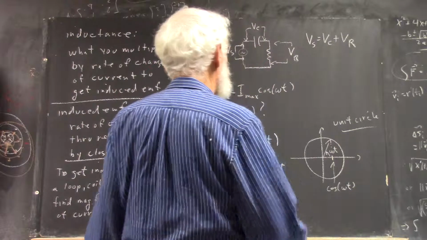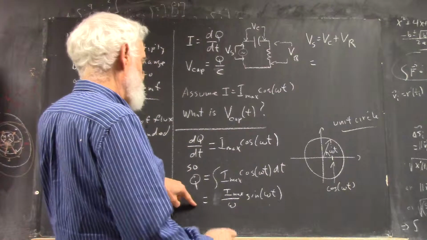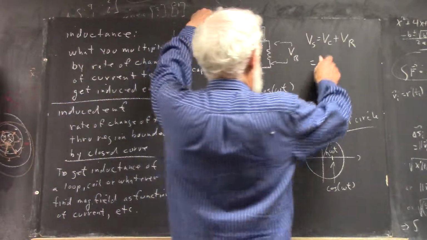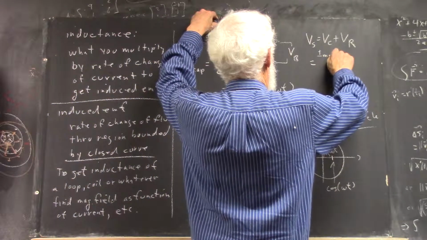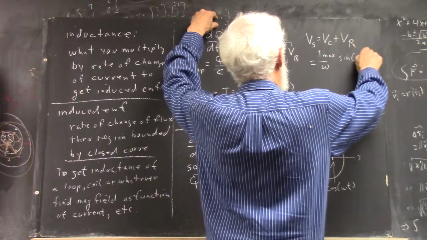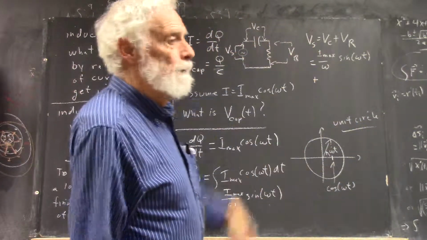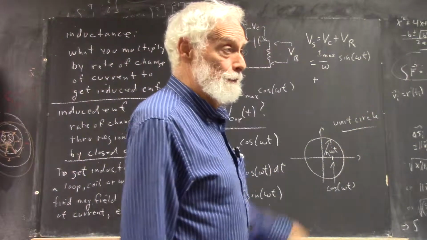Okay? And VC is just Q over C, so that's I max over omega sine of omega t plus, well, what's the voltage across the resistance?